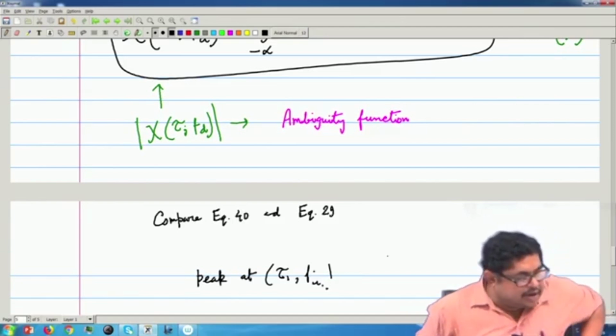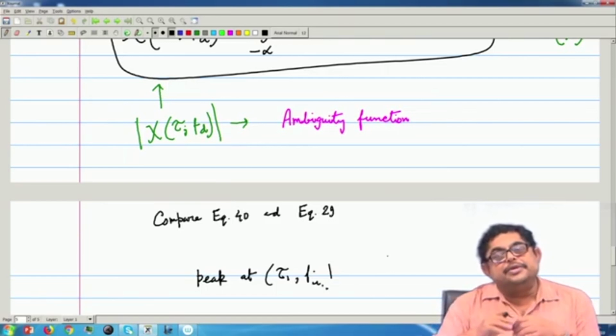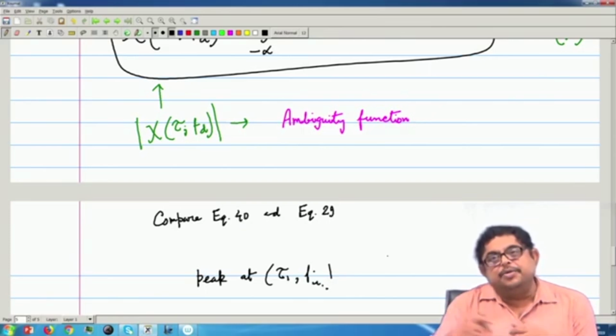But another thing I want to say is that throughout this, for the match filter we have assumed that there is noise, because against a particular type of noise we have found the match filter's SNR, but the whole ambiguity thing gets affected because there will be noise. According to my transmitted signal, there is an ambiguity function, and then noise will change that.